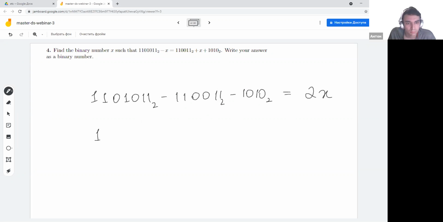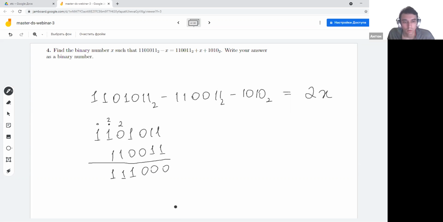You can do the calculation by writing these two numbers one above another, just to be safe with arithmetic. Okay, so I got this result, and then I want to subtract the last number.